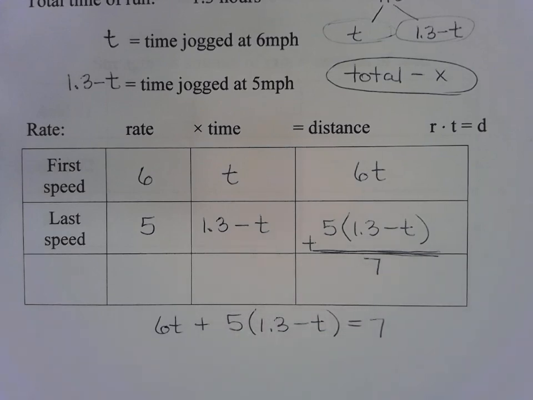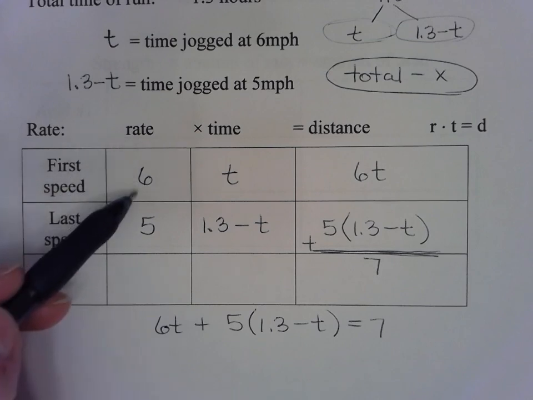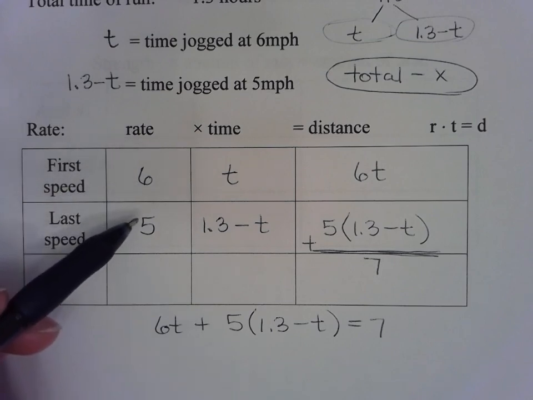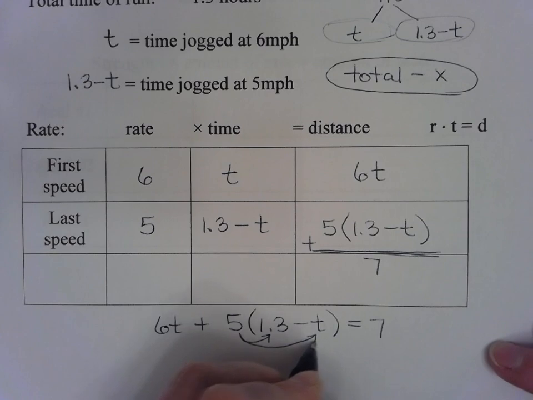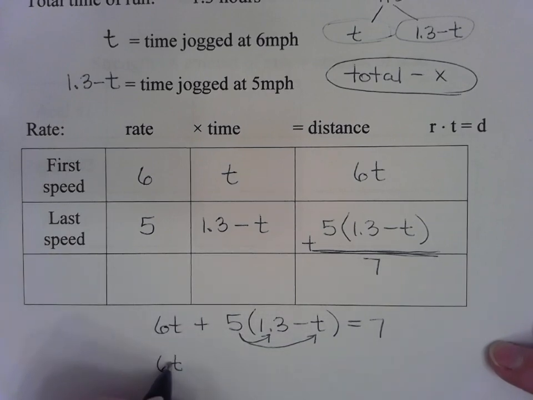Okay, this one looks a little less scary because our rates are whole numbers instead of percentages. But other than that, the setup is the same. So let's finish this one out by solving. So we'll distribute. 5 times 1.3 is 6.5.